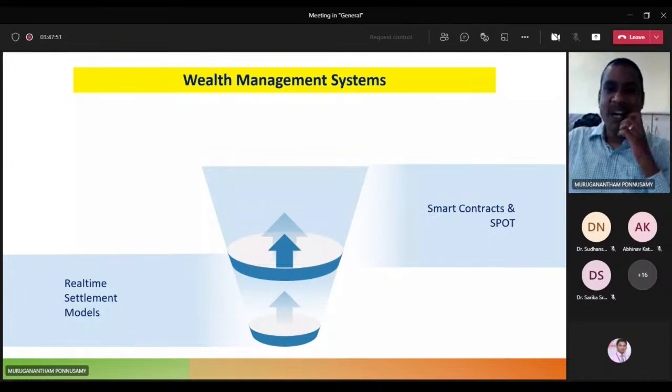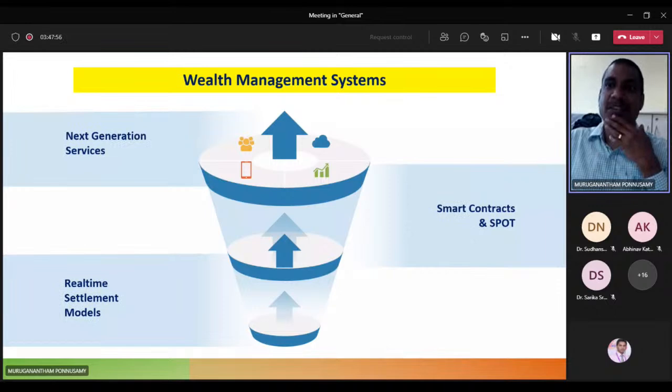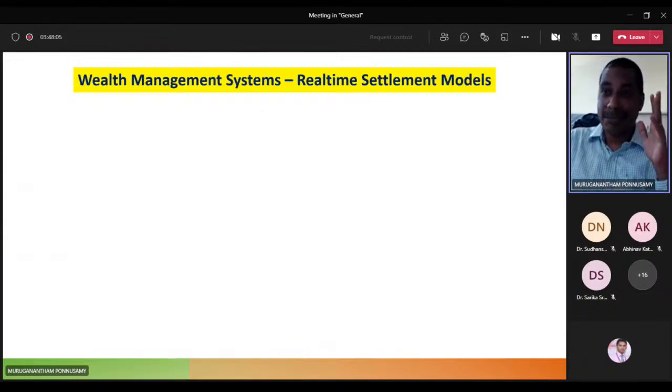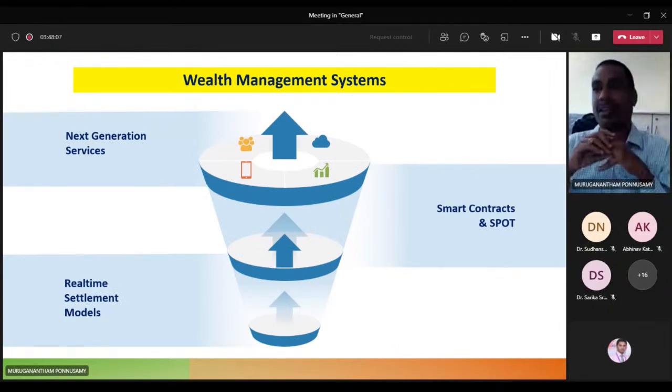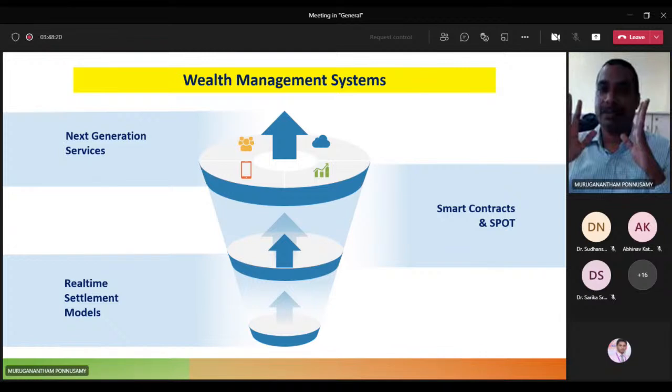Come to the wealth management system. Why do we have to think of wealth management? When you think about wealth management, it requires real-time settlement that could transform the execution of financial transactions with positive impacts on transaction costs, counterparty risk, and capital availability. Right.